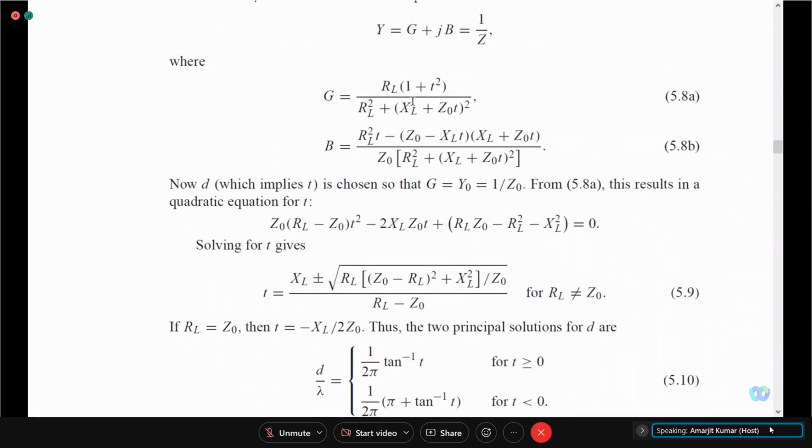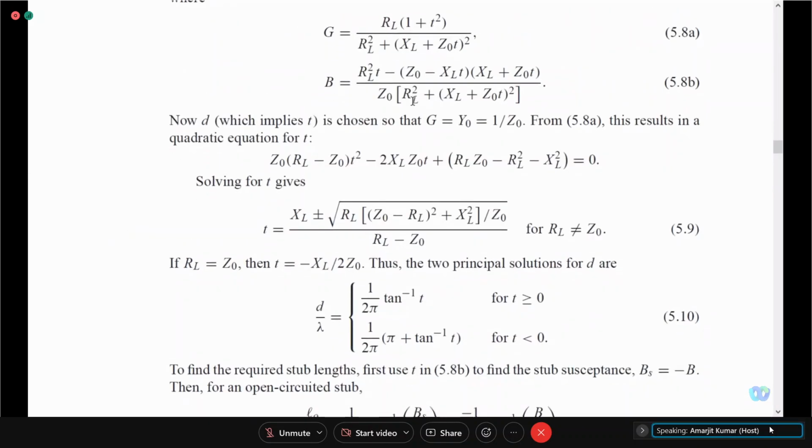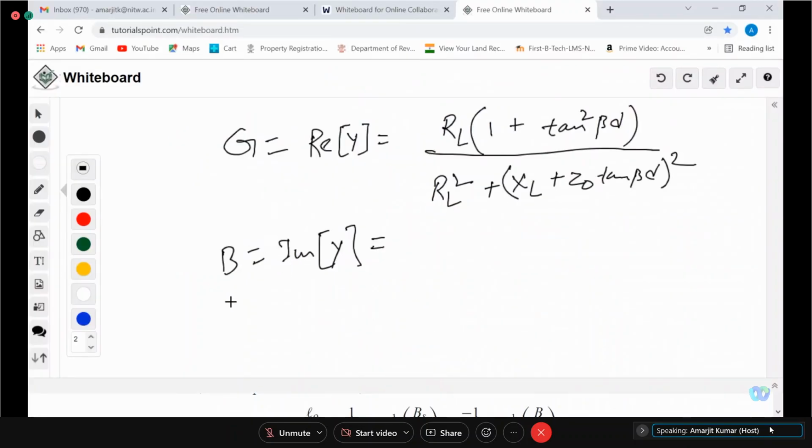So these two conditions you apply here. G is equal to 1 upon Y naught, that is 1 upon Z naught. So condition number 1, G is equal to 1 upon Z naught, which is Y naught.